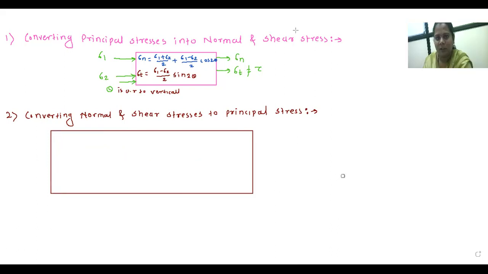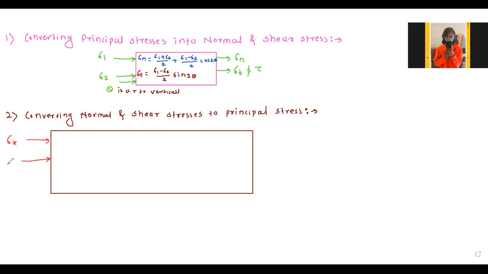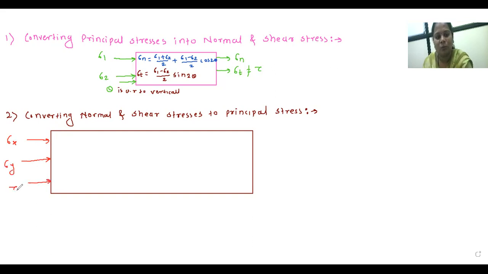So for this particular condition, sigma x is given, this is first. Then second, sigma y is given, and third one is tau. That is, the bending stress along the x-axis, the bending stress along the y-axis, and the shear stress are given.